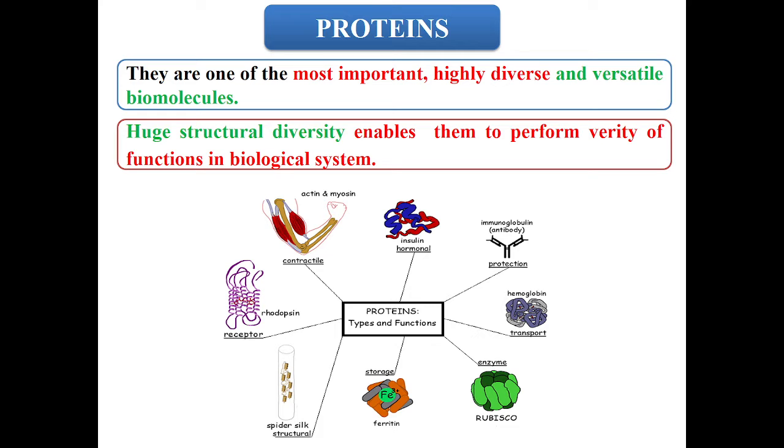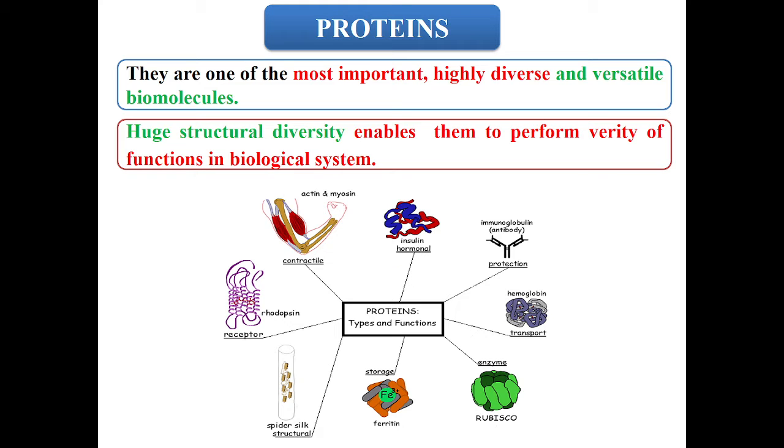For example, they perform the function of receptors, just like rhodopsin. They perform muscle contraction, just like actin and myosin. They function as hormones, insulin and glucagon. They protect our system from pathogens by working as antibodies.